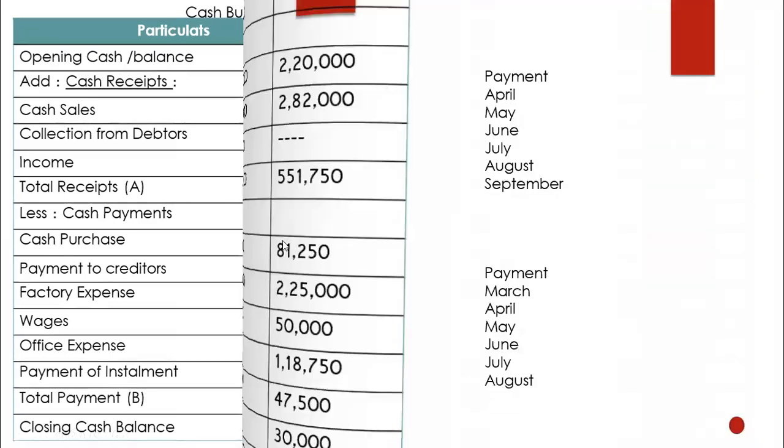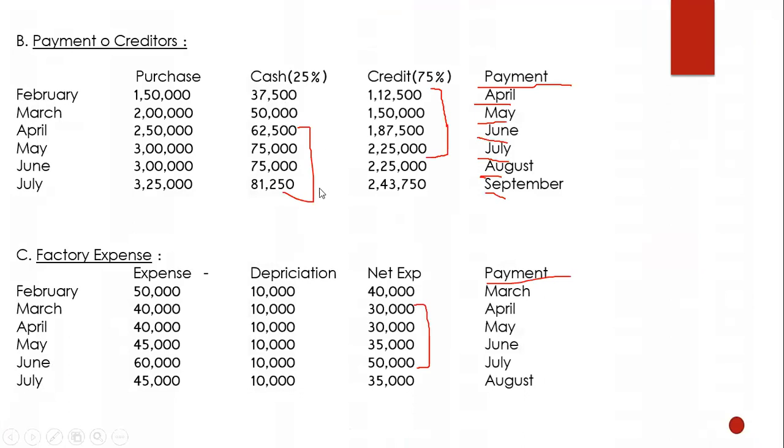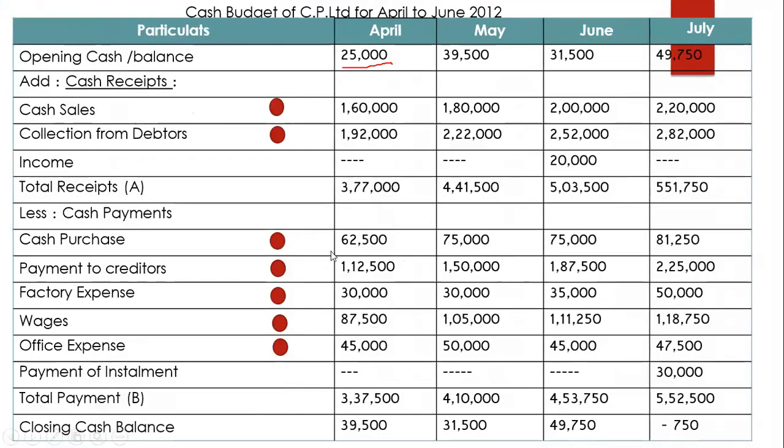We have already bifurcated the cash purchase for April, May, June and July: 62,500, 75,000, 75,000 and 81,250.